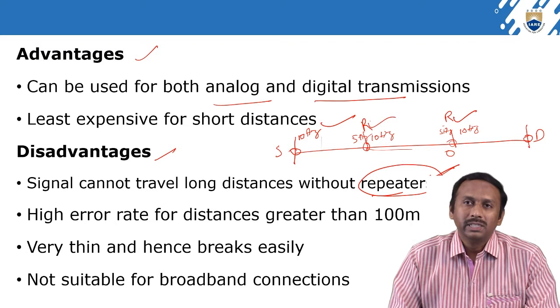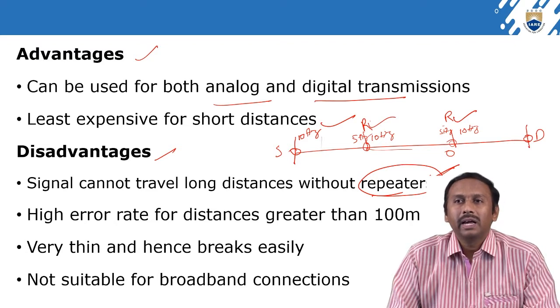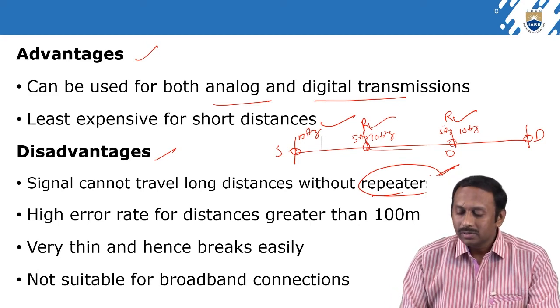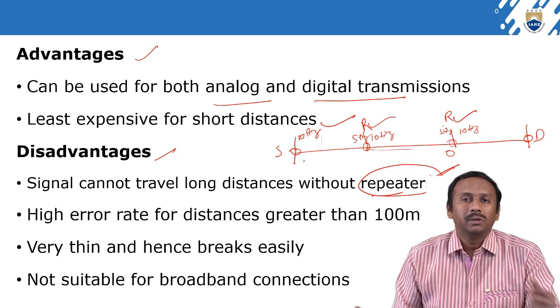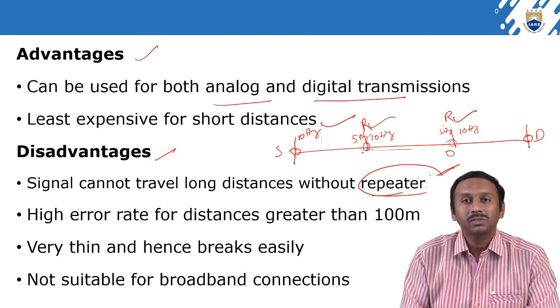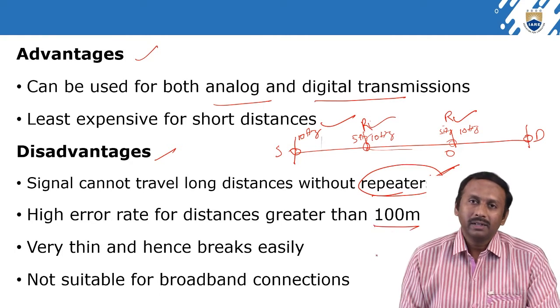Next, another disadvantage is a high error rate for distances greater than 100 meters. Because, as I said, the signal strength becomes poor when the distance is high. What is the distance given here? 100 meters.